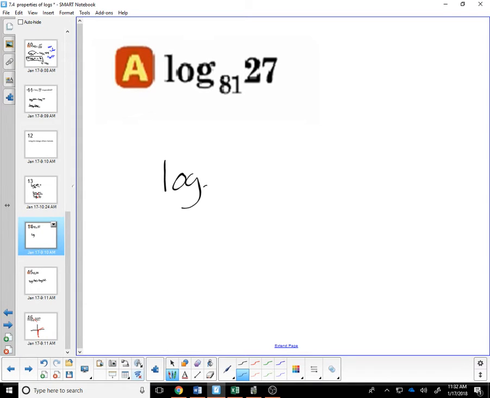This would be log 27 over log 81. But I noticed that they're all multiples of 3. So if I use 3 as the base, what exponent on 3 gives me 27? 3. And what exponent on 3 gives me 81? 4. So that's just 3/4.